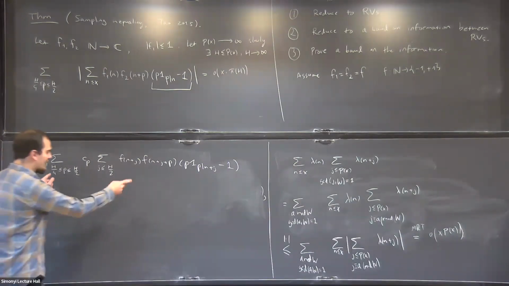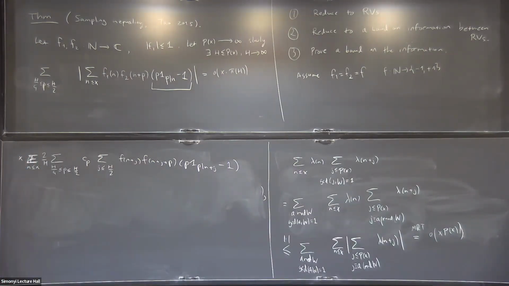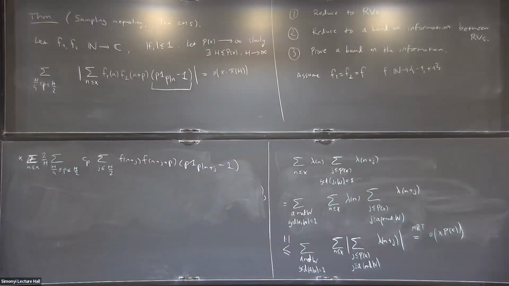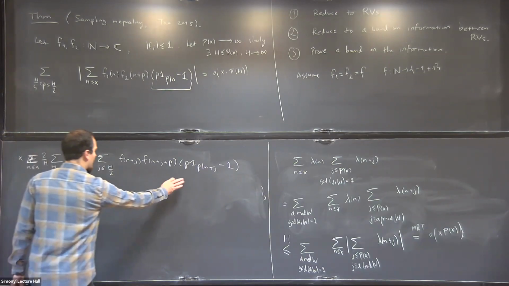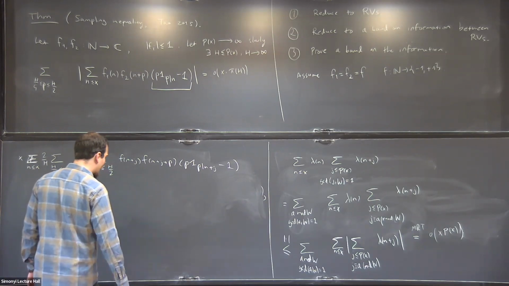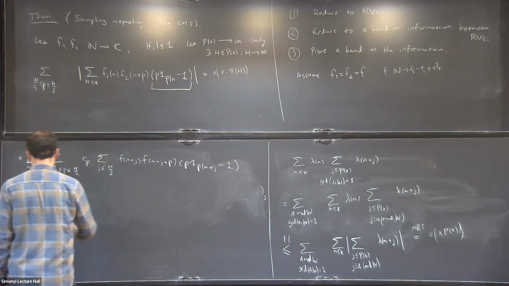And this inner expression we now want to interpret as a random variable of n. Think of n as being a random variable, and the corresponding probability measure is just the uniform measure on 1 to x. So we have two random variables of n that play a role.